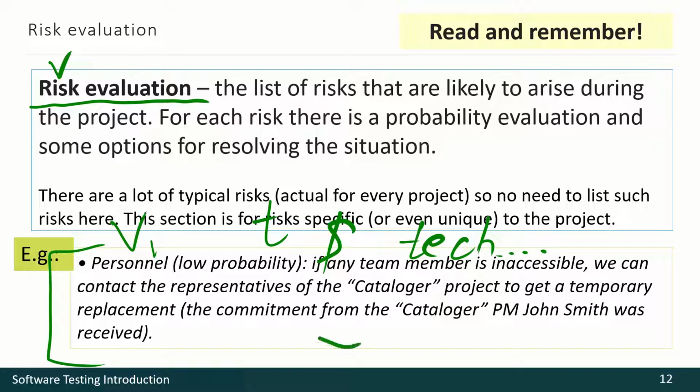Here is just a quick example of such risk mentioning. The main idea here is that we should analyze our project, that we should create the list of risks, and we should absolutely mention what to do if we see some signs that this risk is going to happen.